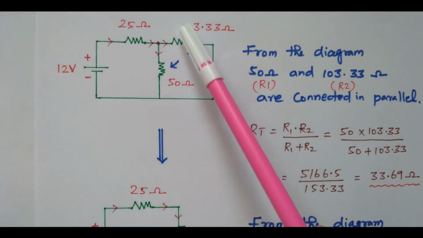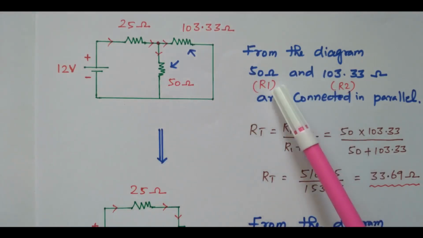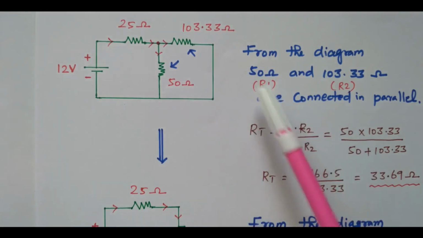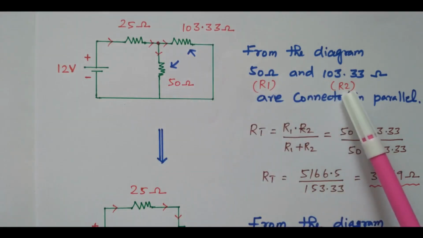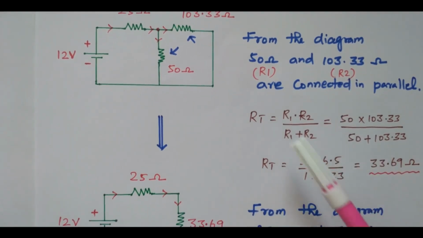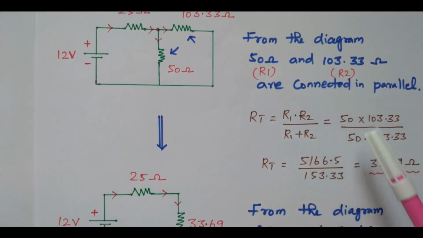Now we take 50 ohm as R1 and 103.33 as R2. Now we'll find the equivalent resistance. What is the equivalent if it is connected in parallel? R1 R2 divided by R1 plus R2. 50 into 103.33 divided by 50 plus 103.33.